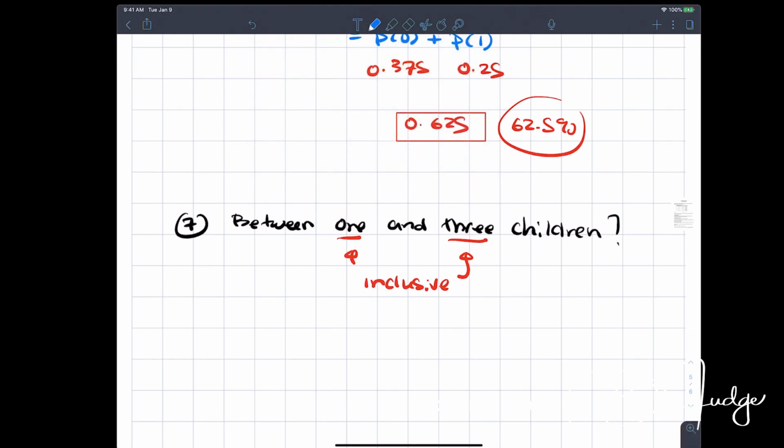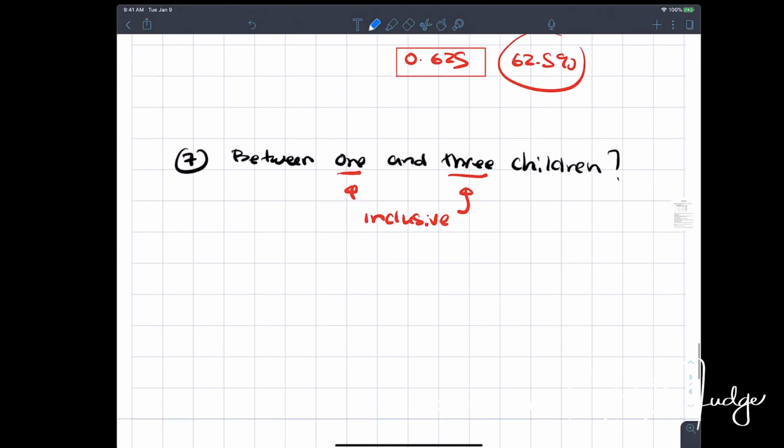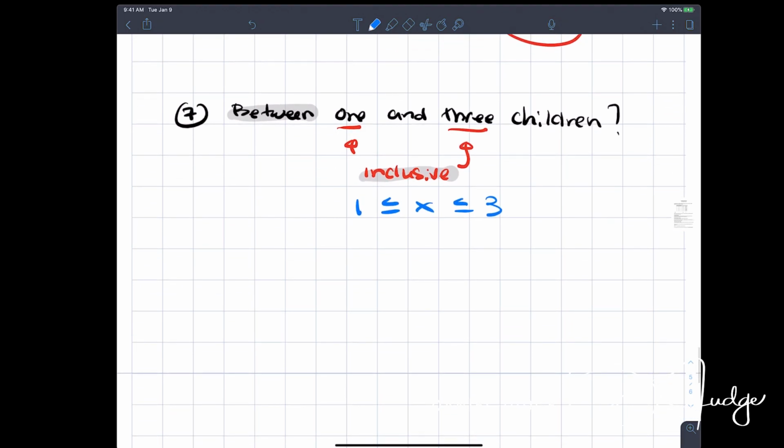So mathematically, what we've seen in beginning algebra is that 1 is less than or equal to x, which is less than or equal to 3, because, again, x measures the number of children. 1 is included, 3 is inclusive. This is how we answer the between questions. So make sure you guys are aware of that. You must be inclusive.